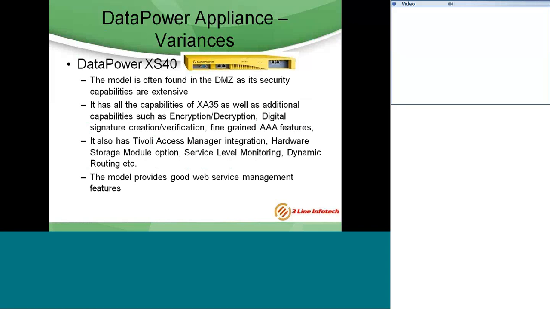AAA means authentication, authorization, auditing. So it has some other good services as well, a lot of security features. If you only want to use DataPower for your security concerns, you can choose XS40.